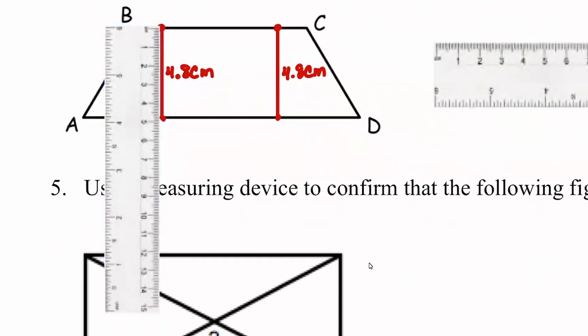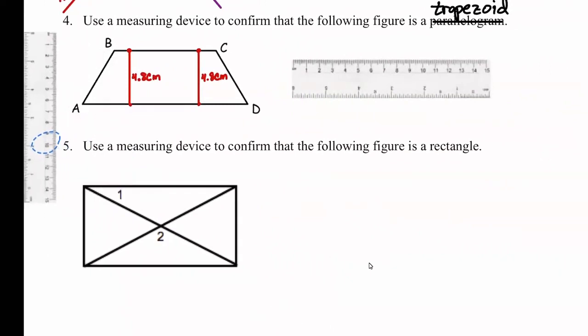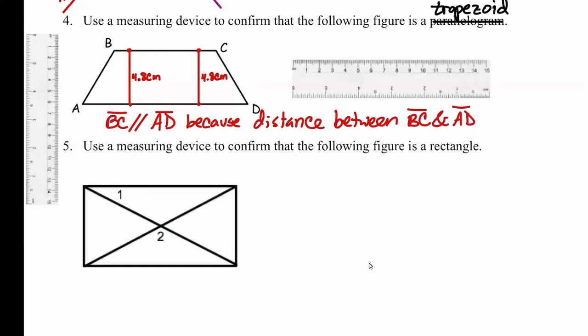Okay. So then I'll just move it off on the side for a little bit. So it's confirmed that the following figure is a trapezoid because BC is parallel to AD because the distance between BC and AD does not change.